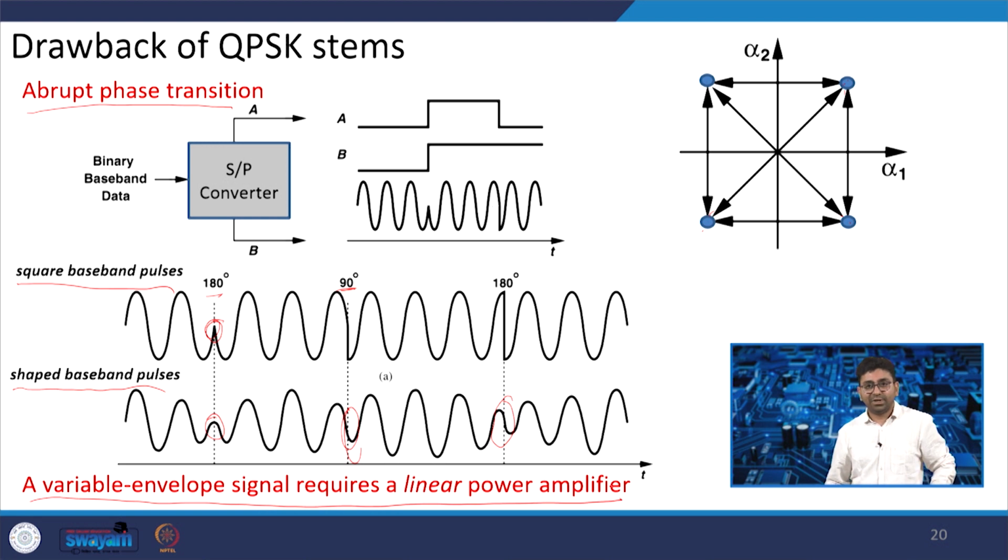This is also an important line that is added, because these signals are carrying much more information in the amplitude also, and when there is an envelope which is changing continuously, we need a power amplifier which is linear. Now a linear power amplifier will consume high power, and also the efficiency is less.